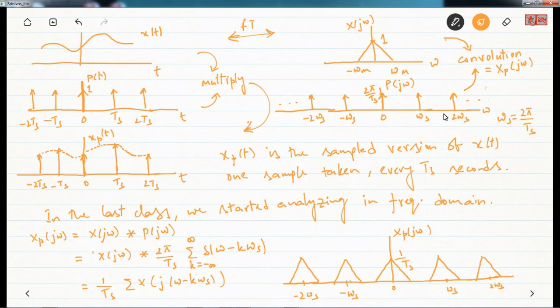See, when you do convolution of any signal with an impulse, with delta of t or with a unit impulse, then the same signal will reappear at the location of the impulse.